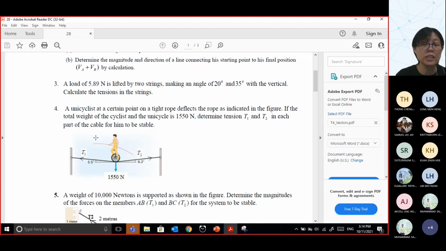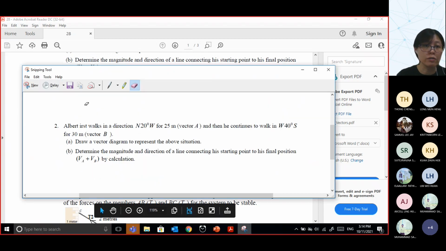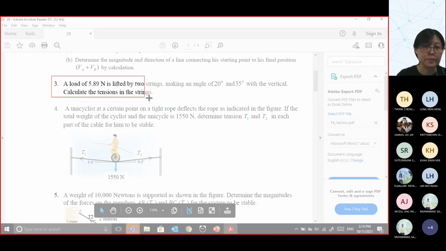Okay, so we continue with the questions with the tension, the static equilibrium. Okay, so let's look at number 3.